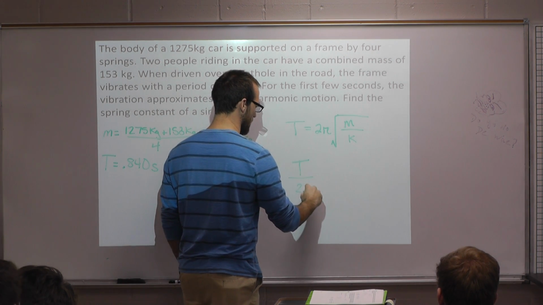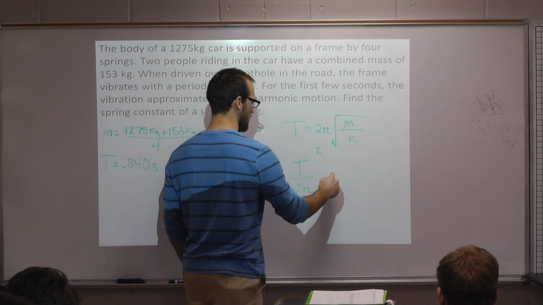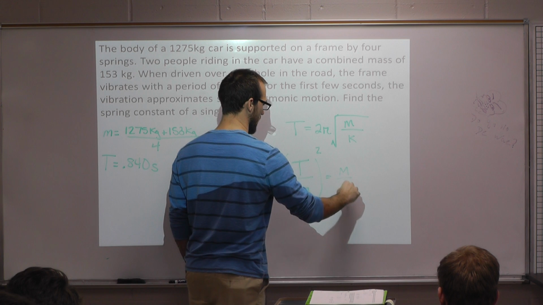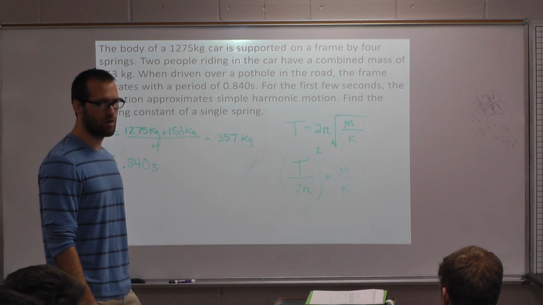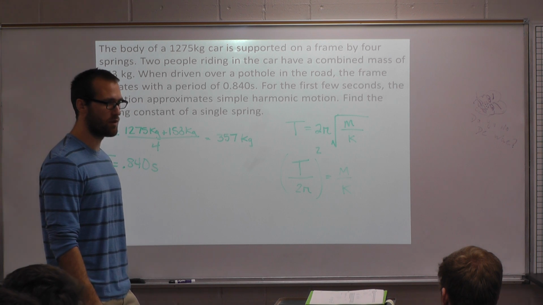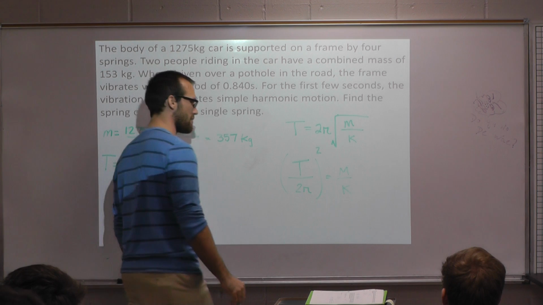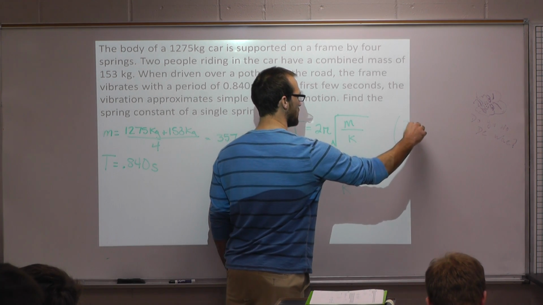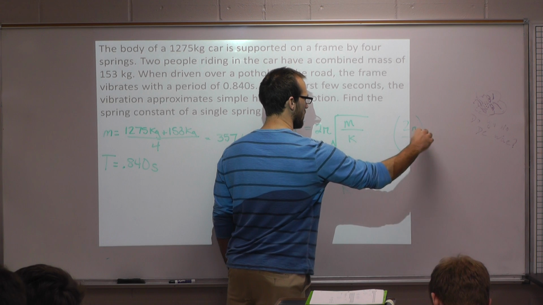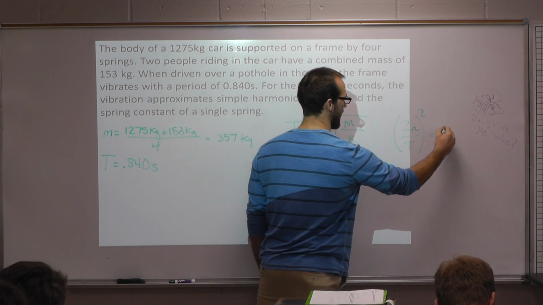T divided by 2 pi, squared, equals m over k. Then I'm going to take the reciprocal of both. You could do the cross multiplication method, but I think it's easiest to take the reciprocal of both. So you've got 2 pi over T, squared, equals k over m.